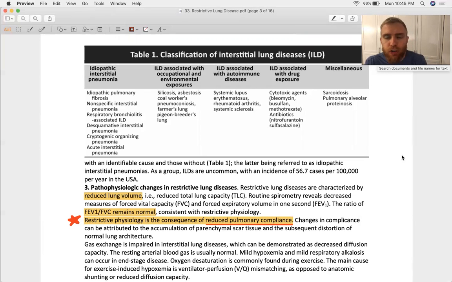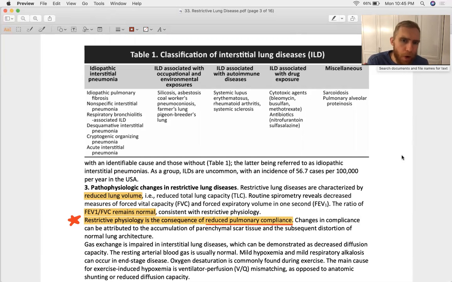Now, interstitial lung diseases, that's the name that we give to things that can cause diffuse scarring in the interstitium of the lungs, the interstitial space obviously being in between cells. And there are a lot of ways to get this. It can be idiopathic, and we've even got some subsets within idiopathic.